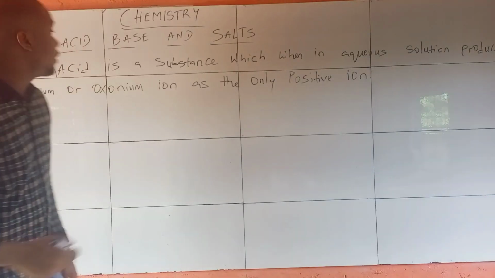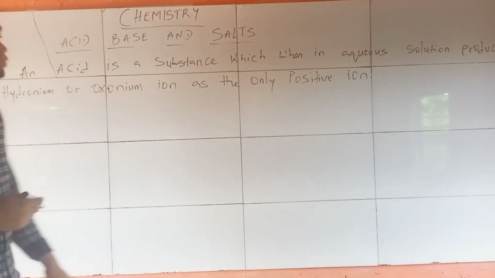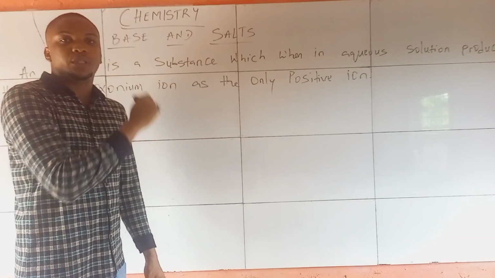Yes, this is what an acid is. An acid is a substance which, when in aqueous solution, produces hydronium or ozonium ion as the only what?